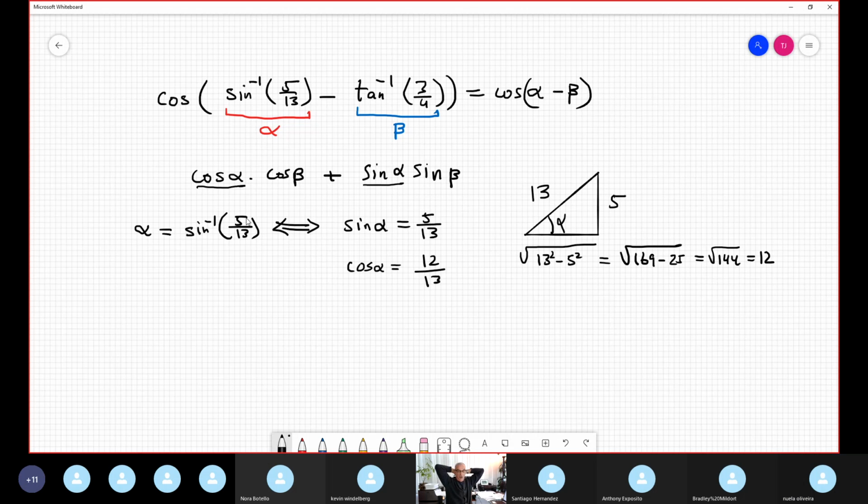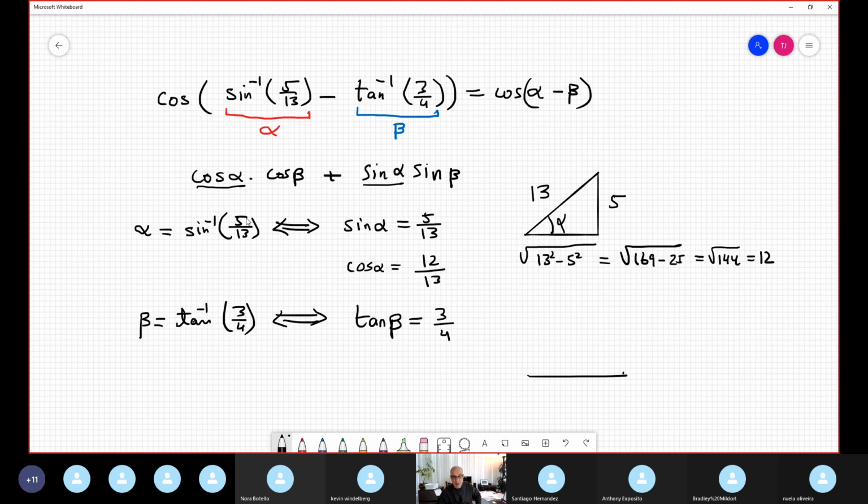Good. Let's move on to the beta. Beta angle is tangent inverse of 3/4. This is an equivalent statement to say tangent beta is equal to 3/4. Yeah, I'm doing a similar triangle for the beta.